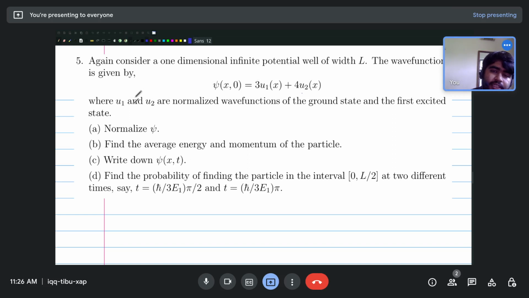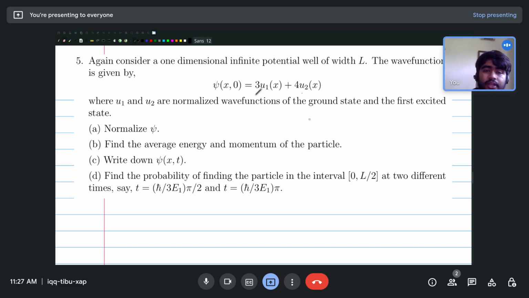What does that mean? The integral of |u1(x)|^2 dx from 0 to L gives you 1. This is the meaning of normalization, and it is the same for |u2(x)|^2 also.